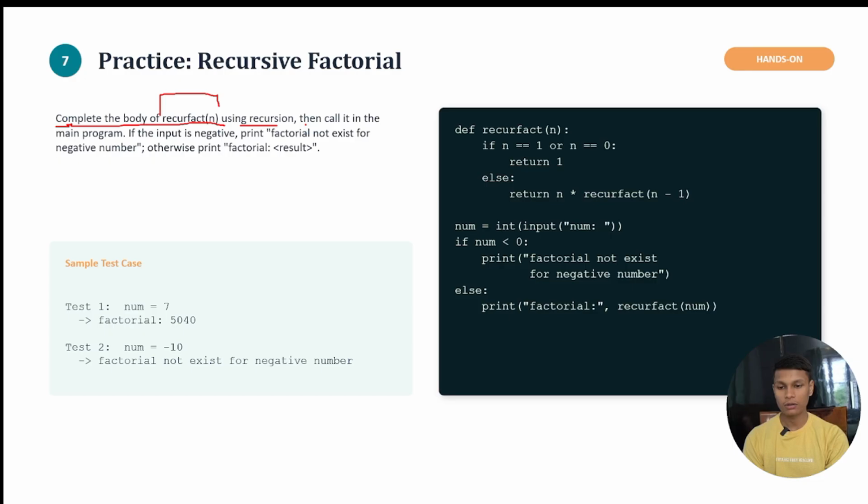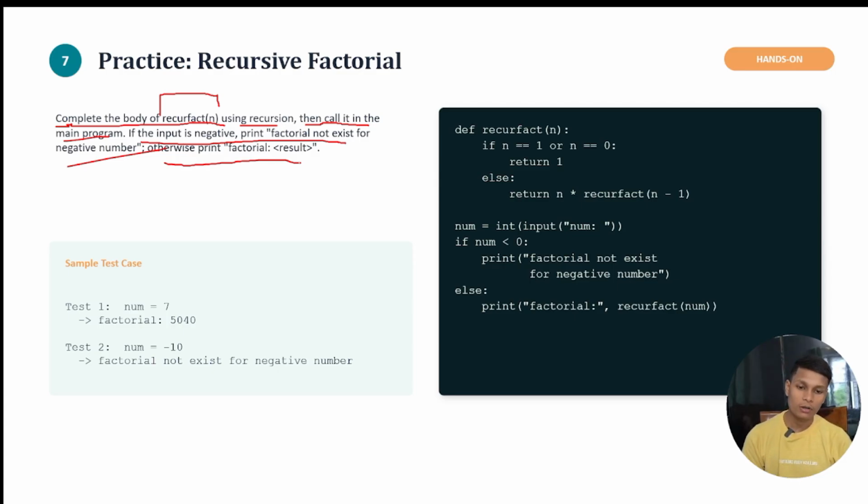Then call it in the main program. If the input is negative, print "factorial does not exist for negative number". Otherwise, we are going to calculate the factorial.